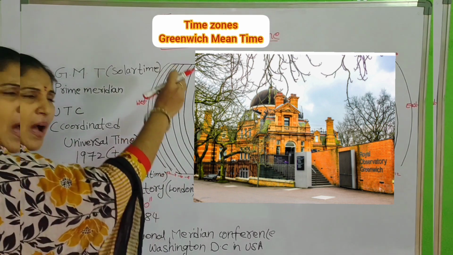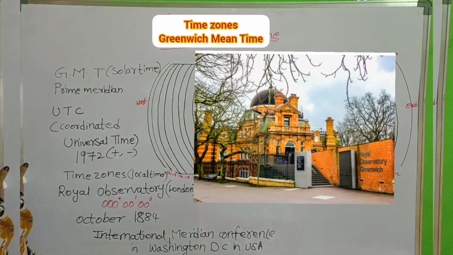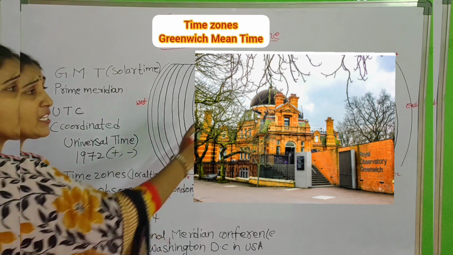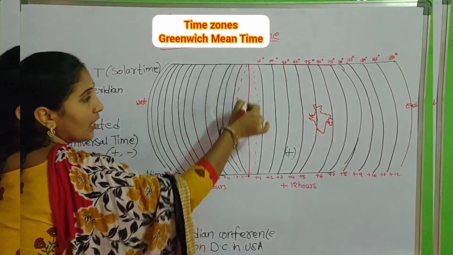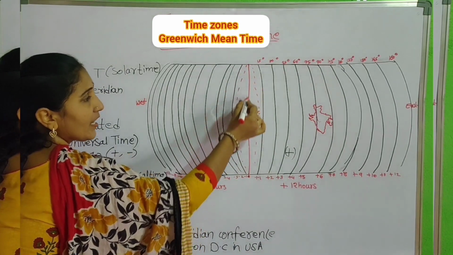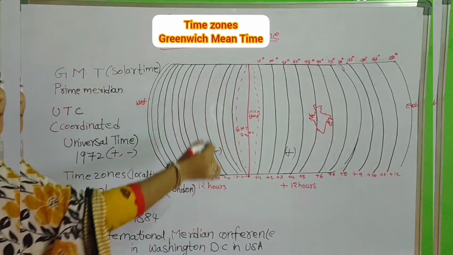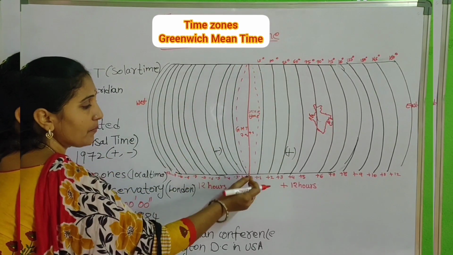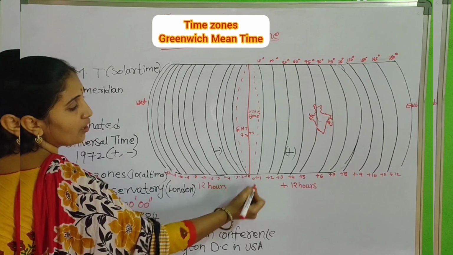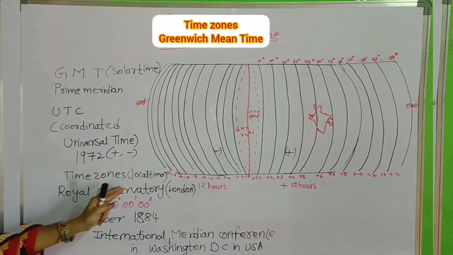So it passes exactly over that place. Where it is passing you can see here on the map, from here to here. All the places lying on the line will have the same time. That is the standard time. This is the 0-degree longitude, the prime meridian.